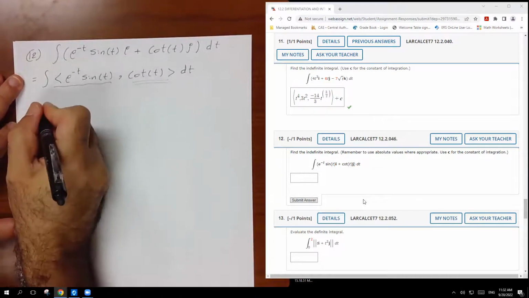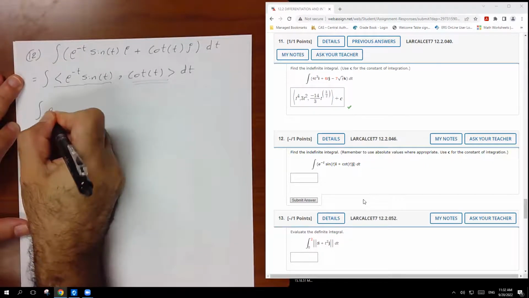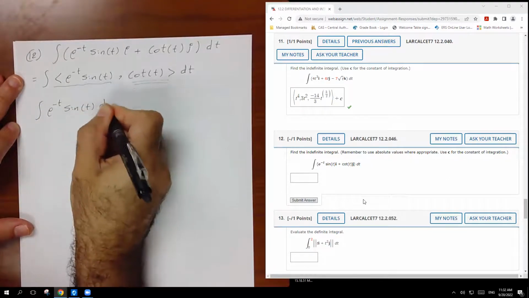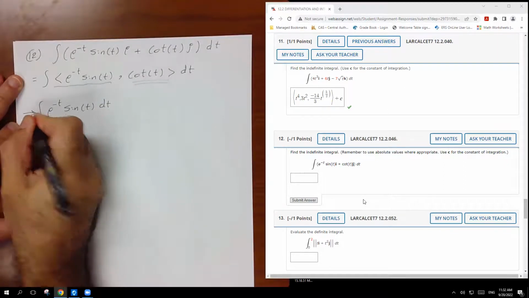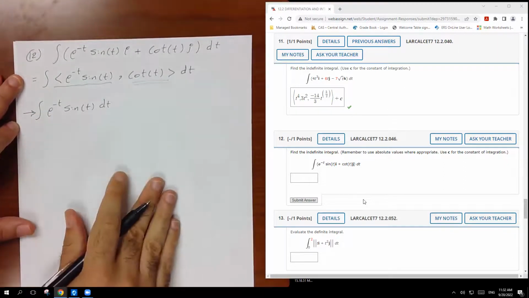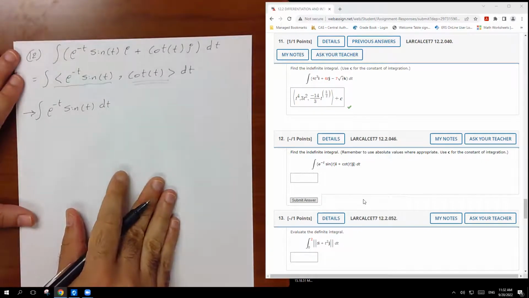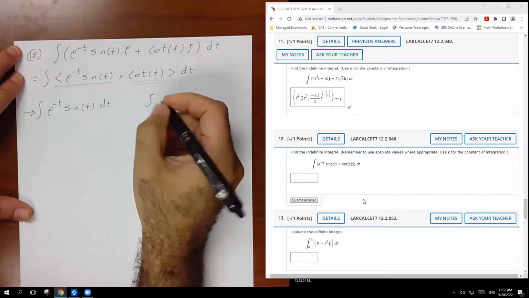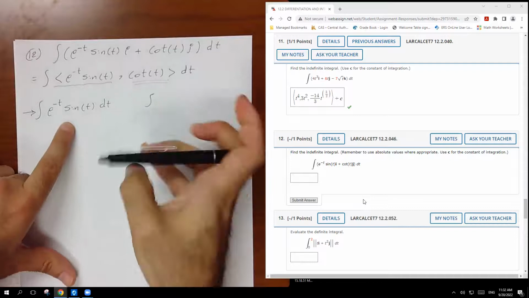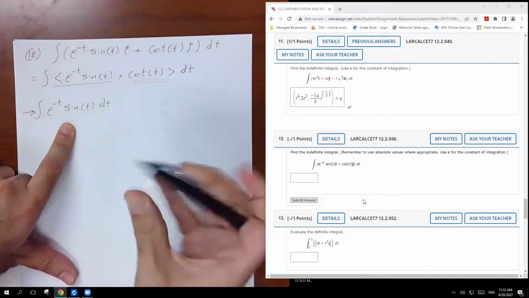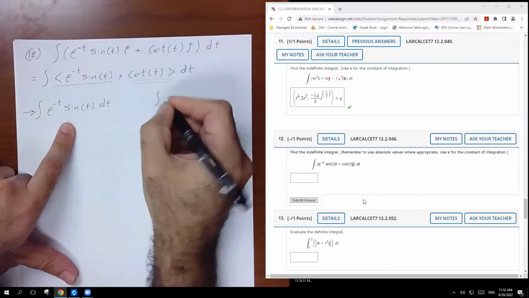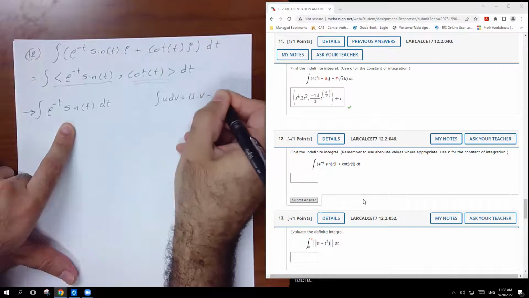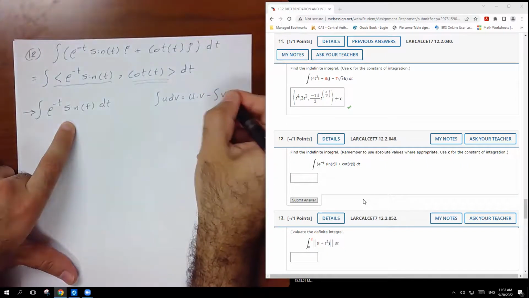So how to find the integral of e to the negative t sine t dt? I'm just going to find this one. So we have to use the integral by parts, which is the integral of u dv is going to be u times v minus the integral of v du.